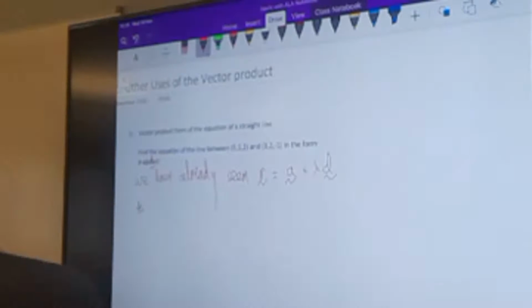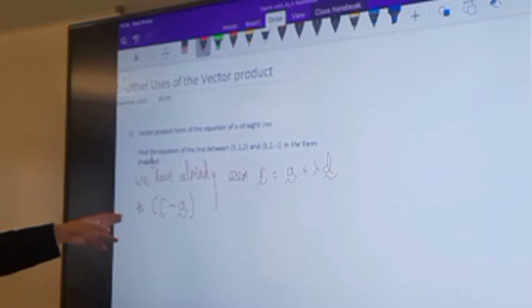So where I put d there, suppose A is a point on the line, d is the direction vector of the line, and r is the position vector of any point on the line, the x, y, z. You should be able to tell me something about the vector r minus a. r is movable as x, y, z changes; it's always on the line.